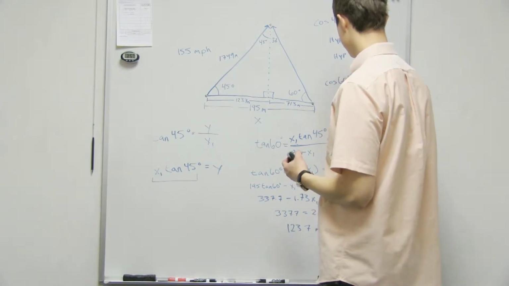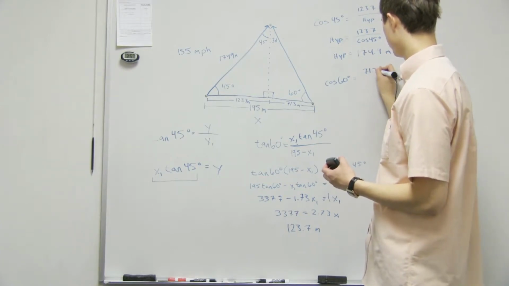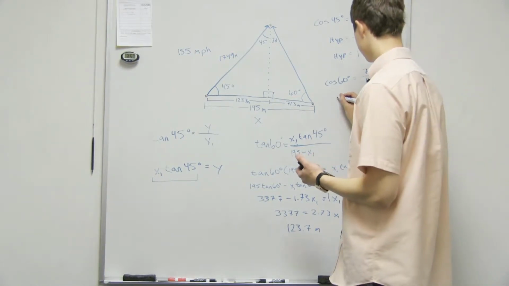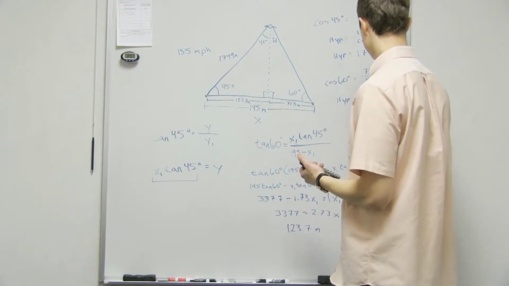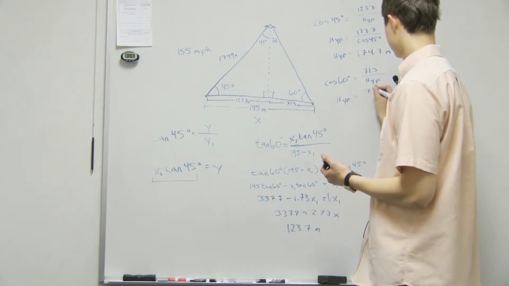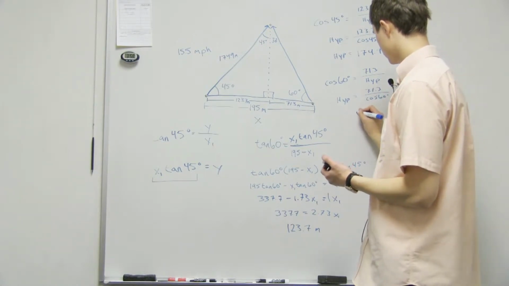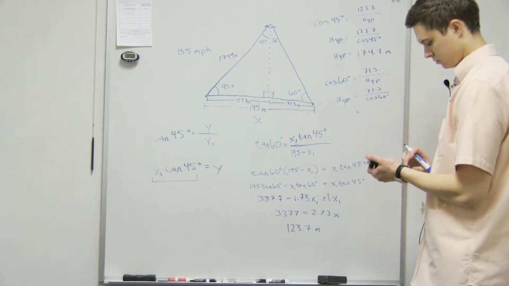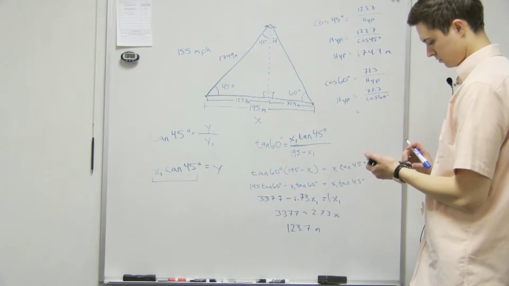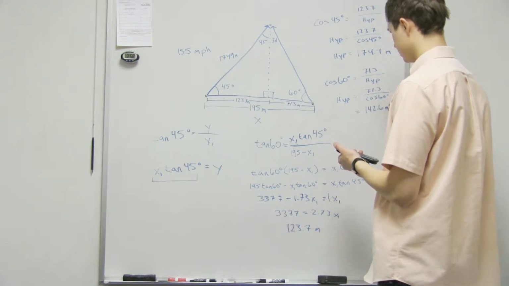Cosine of 60 degrees equals our adjacent 71.3 over our hypotenuse, which we don't know. 6 meters.